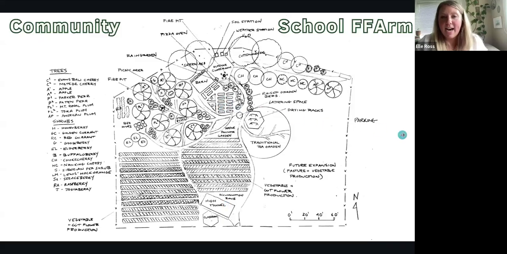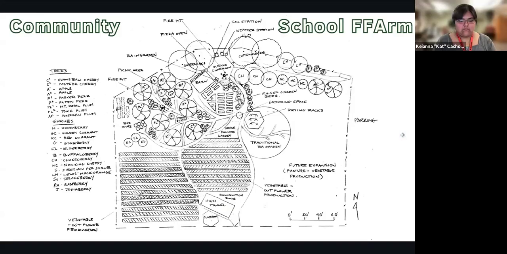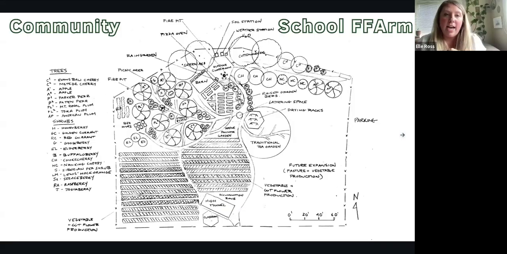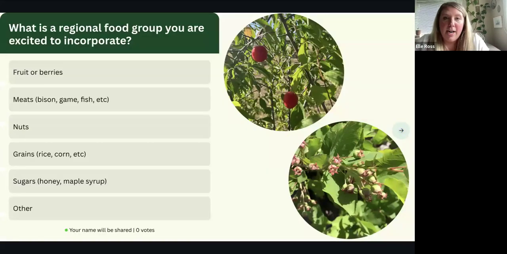We are excited to have the majority of that be produced for the school nutrition programs, and also have student entrepreneurship and different learning opportunities for students across the district, across our community, and open for all.